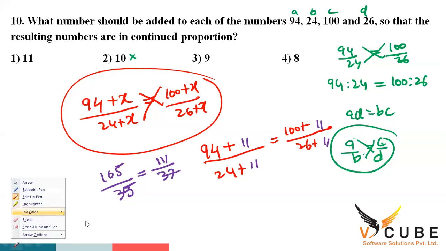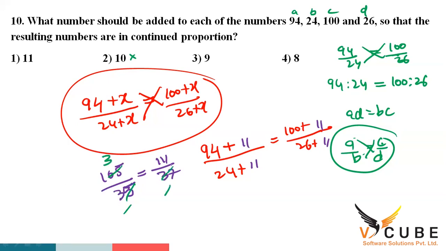Let me calculate. 35 ones are 35, 35 threes are 105. 37 ones are 37, 37 threes are 111. Are both sides equal or not? Is it a proportion or not? Yes, it is a proportion. That's why option 1 is the right answer.